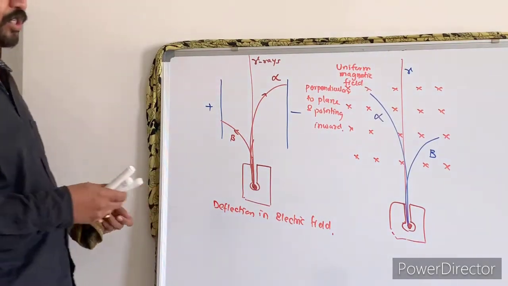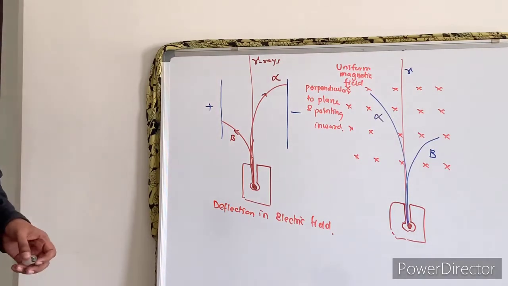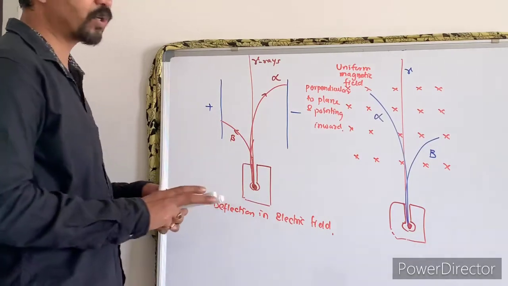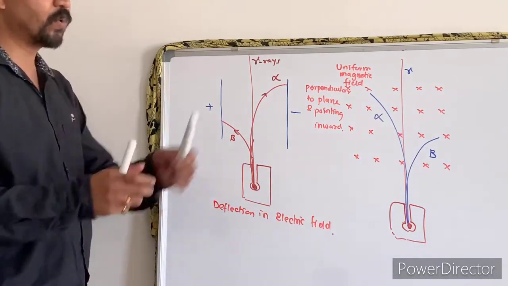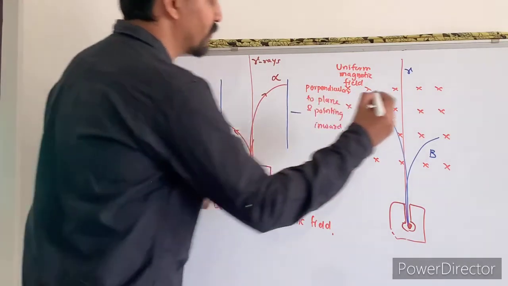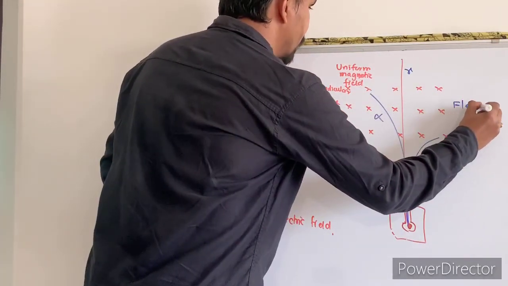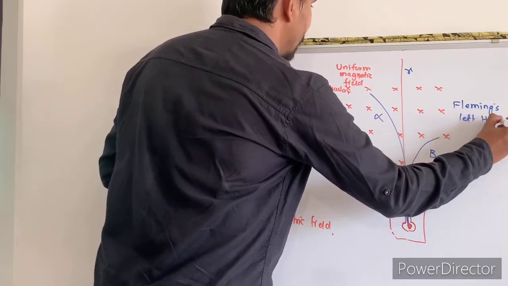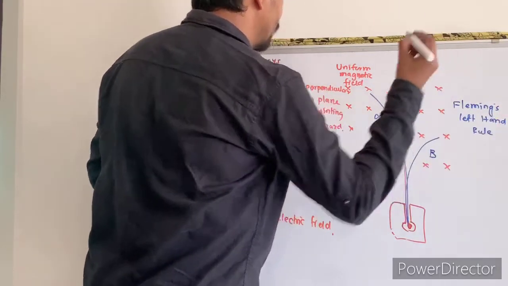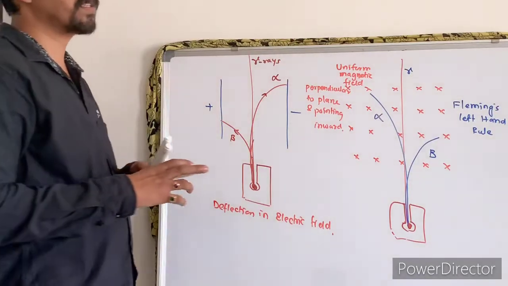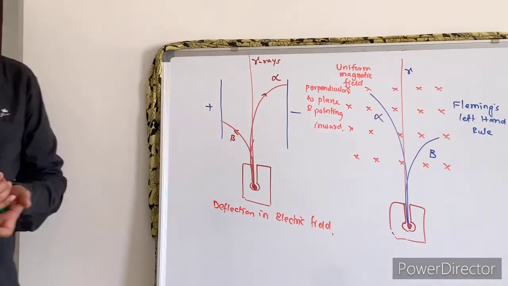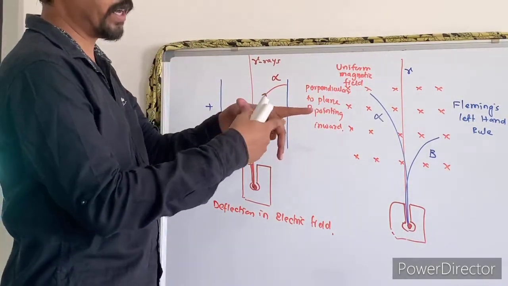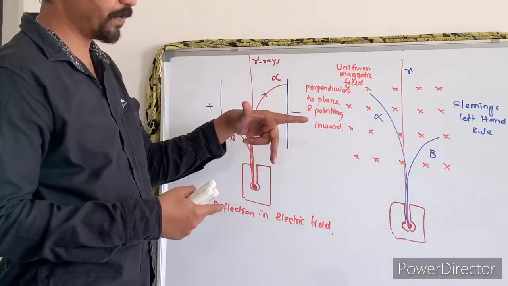Now the student can ask why alpha is only deflected towards the right, why not to the left? For that you have to use Fleming's left hand rule. Actually this part is removed from your scope, this is electromagnetism. In that, with my left hand, these are force, field and current, and these three are mutually perpendicular.